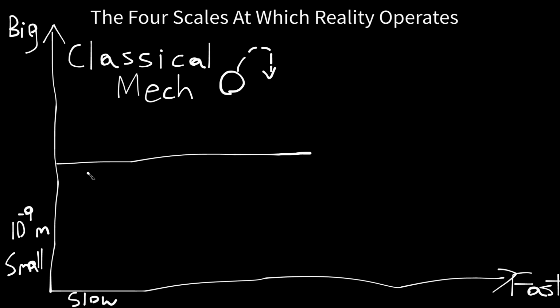But what is small then? The rules of reality break when we examine small things. In quantum mechanics, you have very small particles, such as elementary particles like leptons, electrons, and quarks.